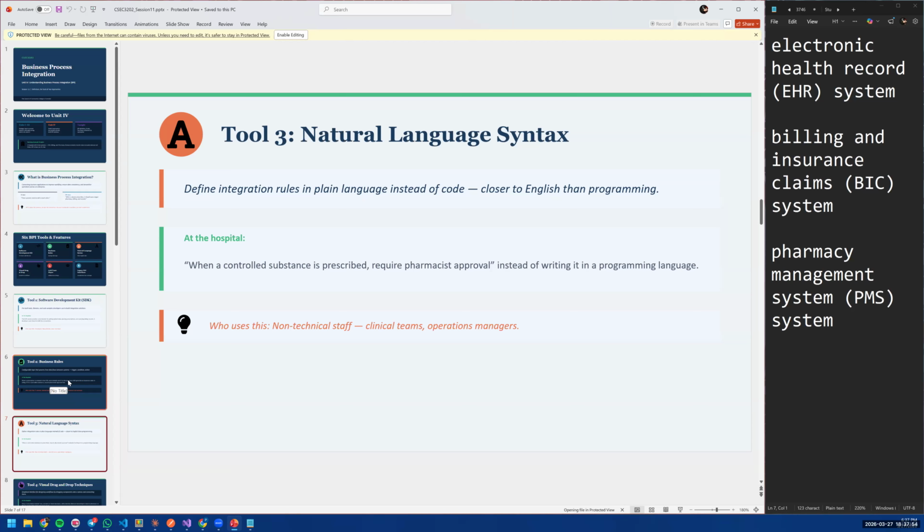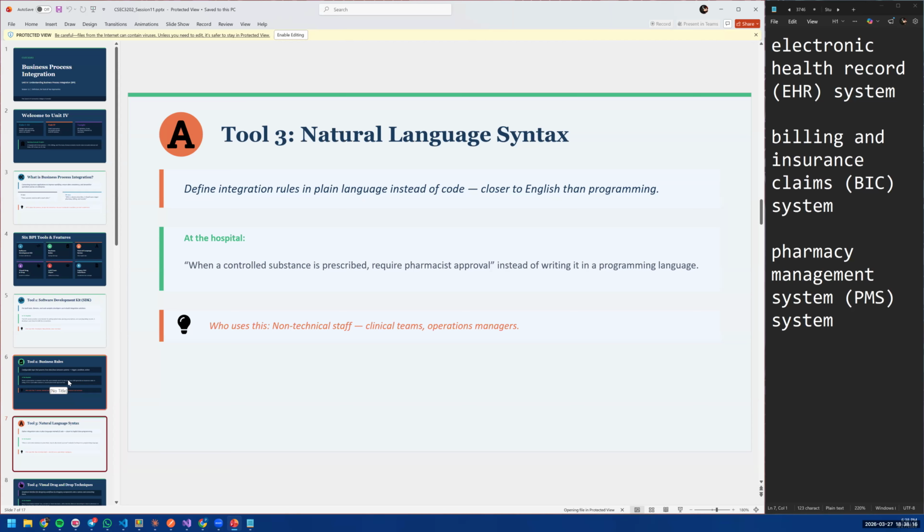It's designed to read like spoken language, or at least closer to spoken language than traditional code. I don't like saying English because what if the system is in Spanish? The reason for this is to make the integration configuration accessible to people who aren't programmers.